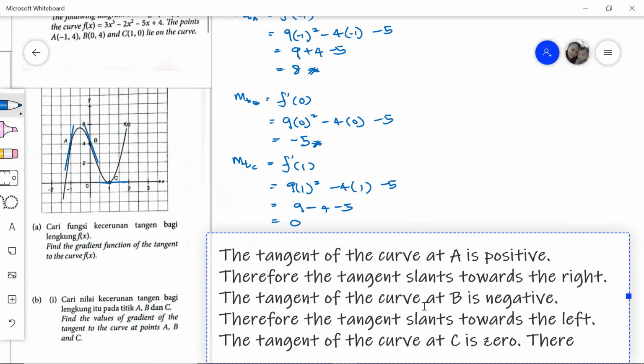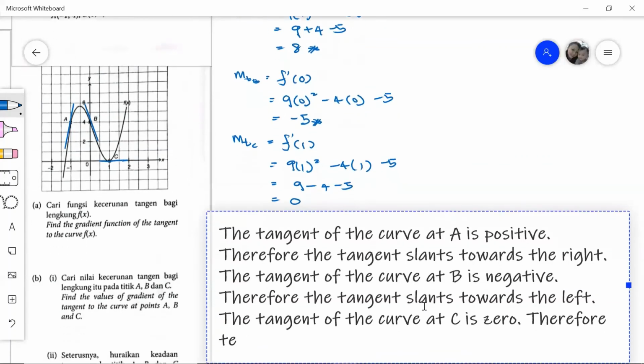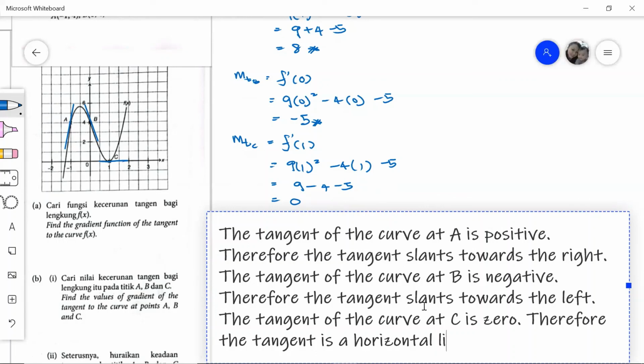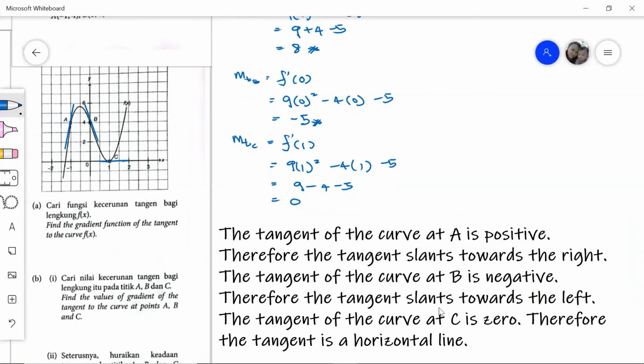Therefore, we say that the tangent is a horizontal line. Okay, so that's the answer for B part 2.